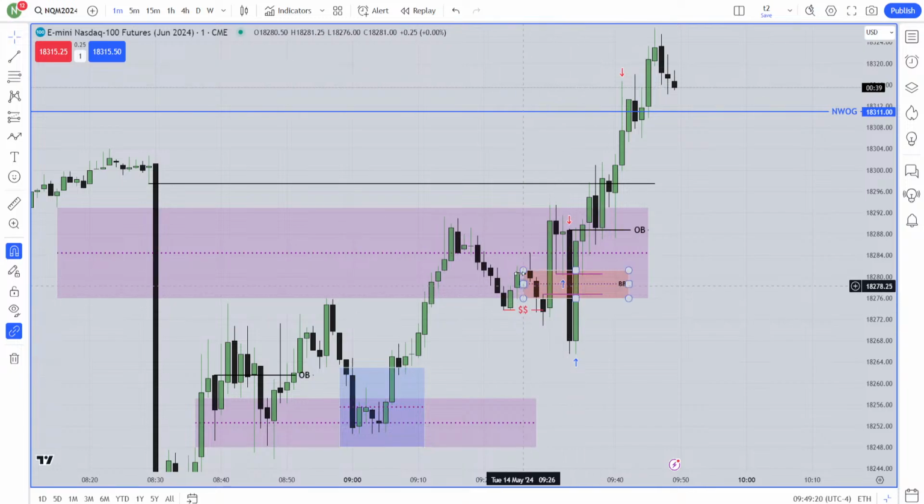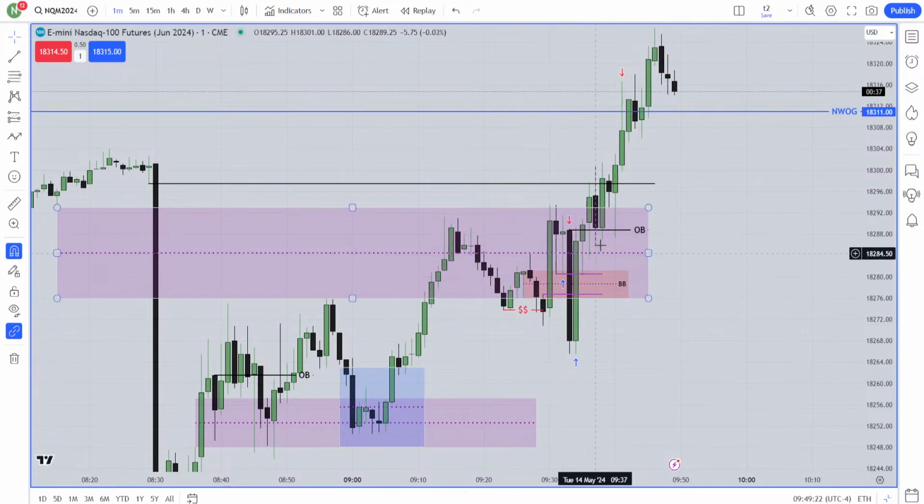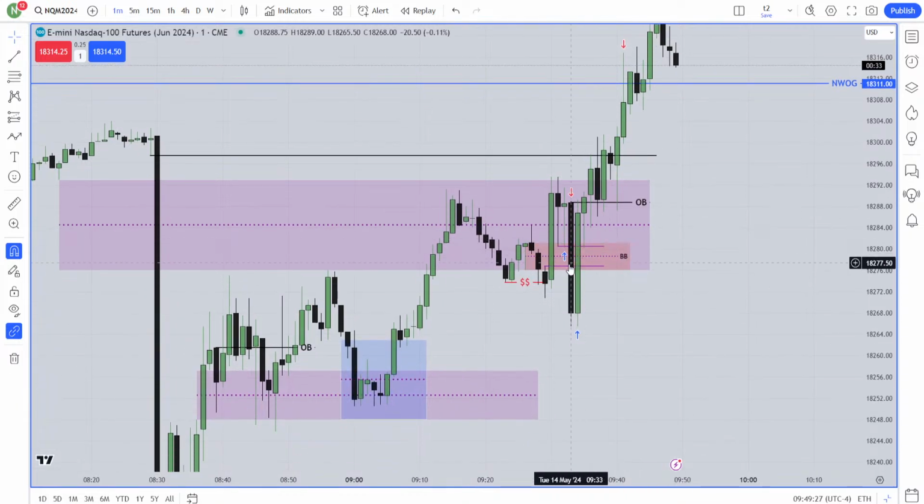That means I'm trying to catch the run. I don't want to miss the run even if it hits my stop loss, because I know my stop loss is going to be very small. 10 handles, 12 handles is really a very small stop loss. Even if I get stopped out over there, if I'm absolutely right, I'll be able to catch that move one more time.